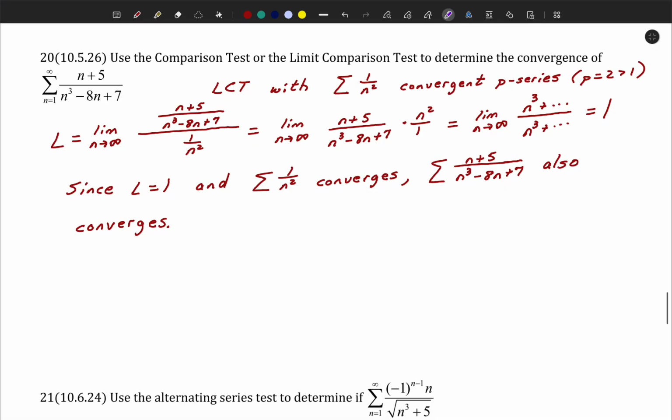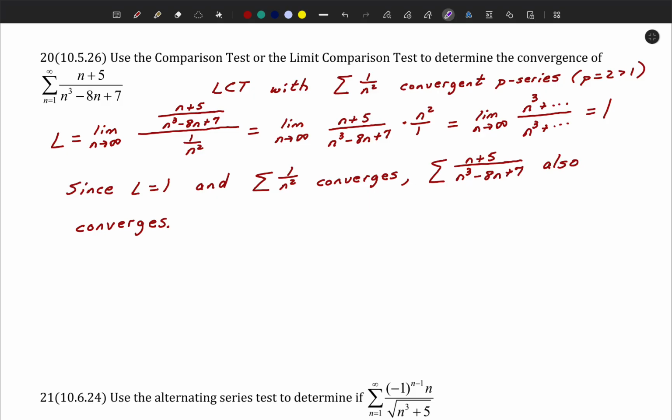Now, I ask us to use the comparison test or the limit comparison test on this next one to determine the convergence of the series from n equals 1 to infinity of n plus 5 over n cubed minus 8n plus 7. Now, what you're supposed to be thinking about here is, what type of p-series?